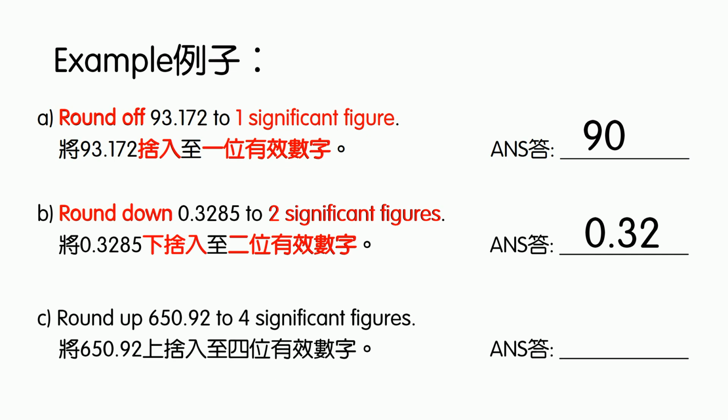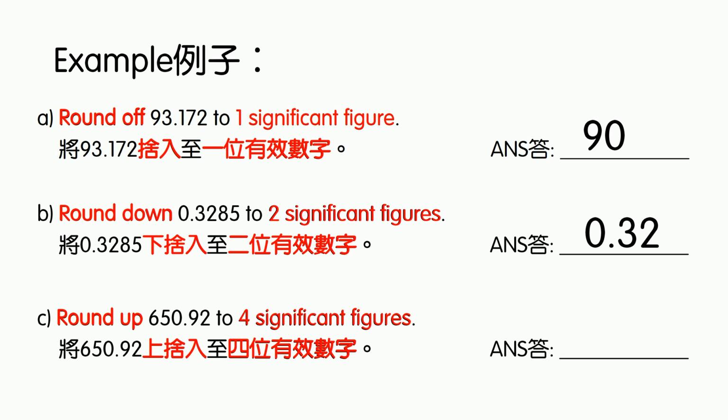Lastly, we need to round up 650.92 to four significant figures. The four significant figures are 6, 5, 0, and 9. Now, the number next to 9 is 2.